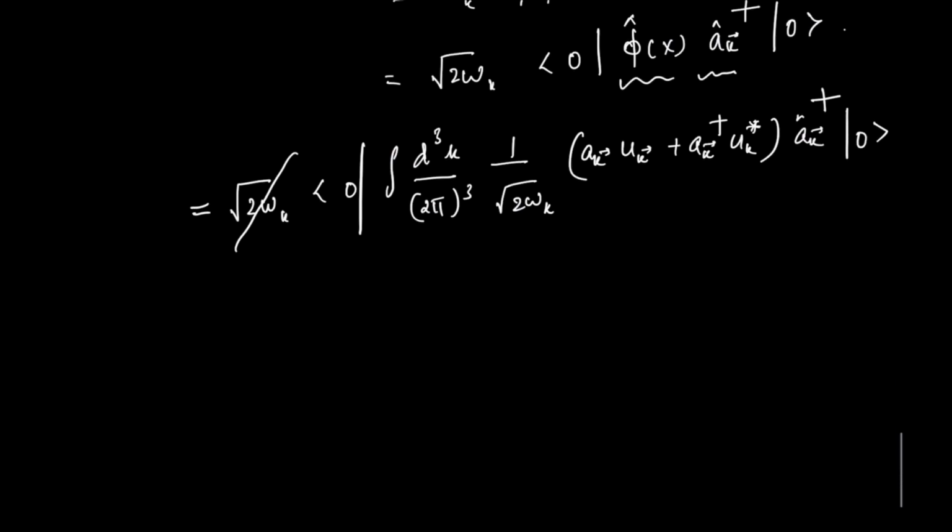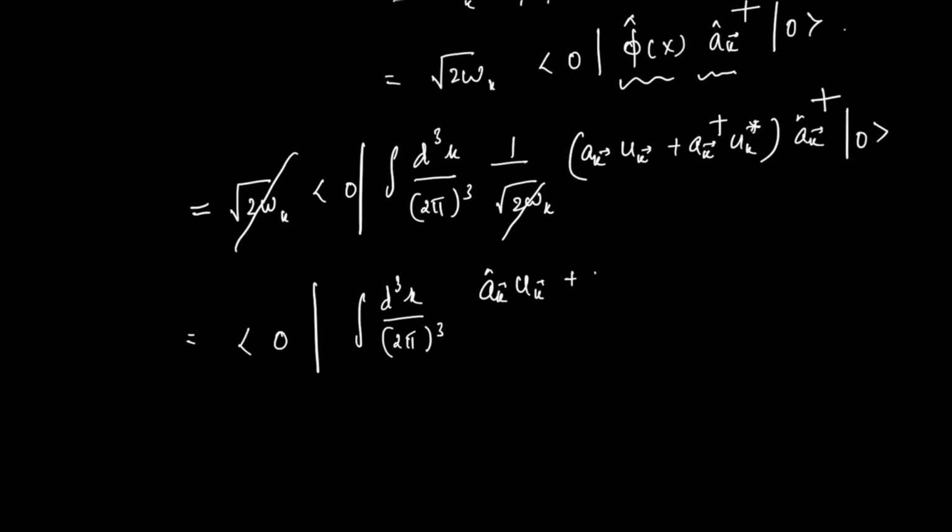Now root 2 omega k will get cancelled. I have vacuum, integral d cube k by 2 pi cube, then ak uk plus ak dagger uk star, ak dagger acting on the vacuum.